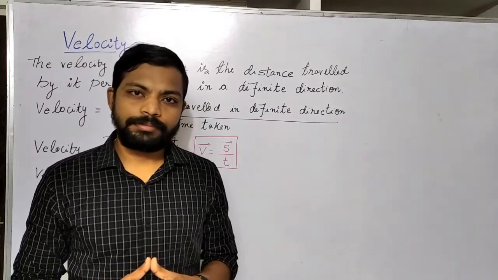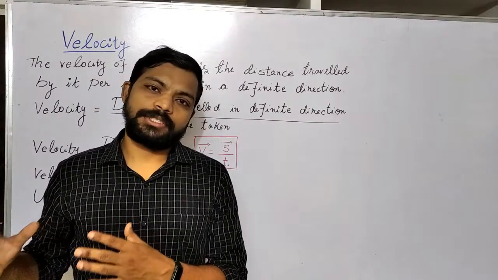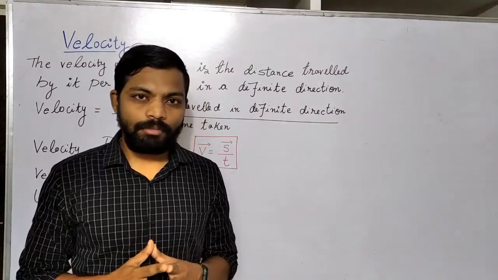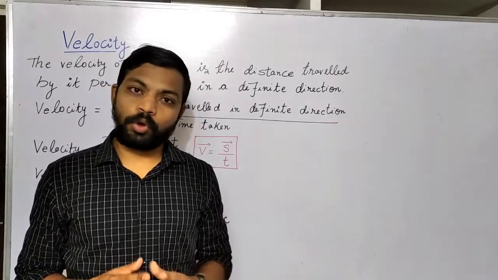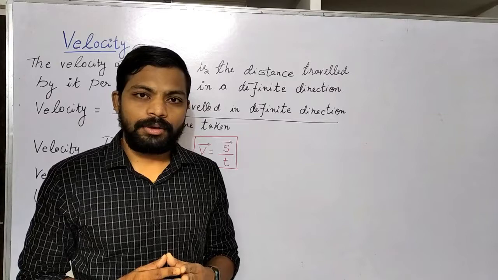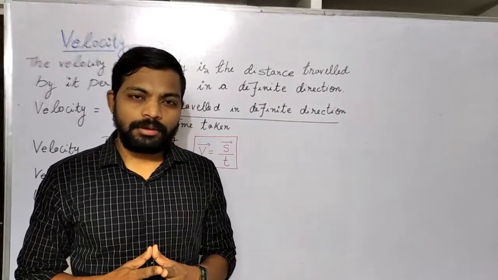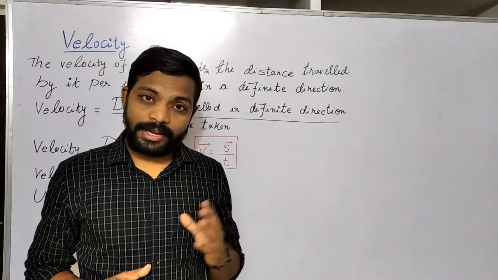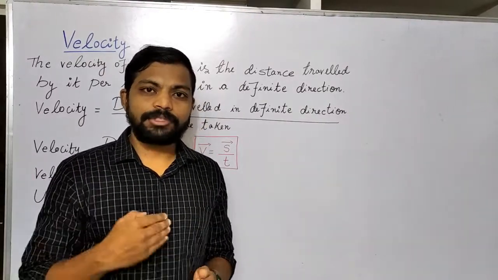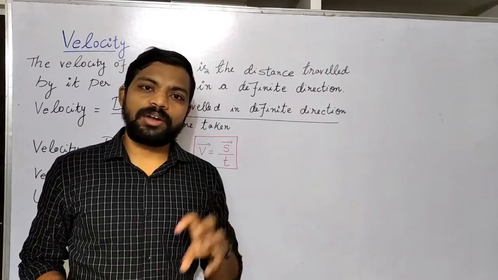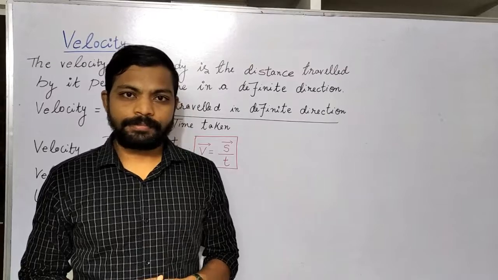For example, let's say a car is going with 60 km per hour speed. It is telling how fast the car is moving on the road, but we don't get the idea regarding direction. So to know the direction, we use the concept of velocity, because in real time situations we also require velocity to understand where the body exactly is.